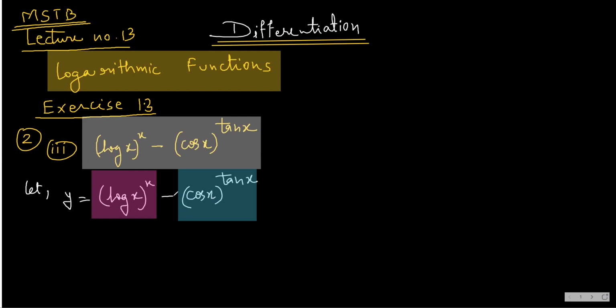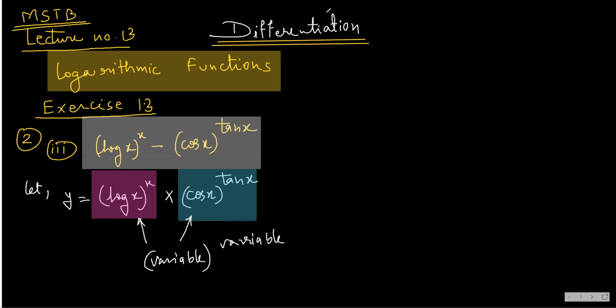See this negative sign. If this was not negative, and it was a multiplication sign, then though both are variable raised to variable, my idea of solution would have been different.